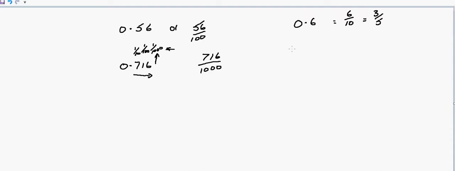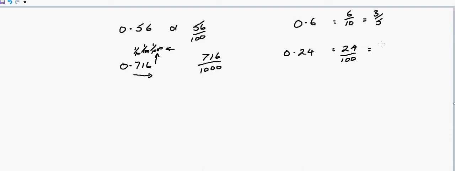Okay. So if I've got 0.24, then what I've got, remember, tenths and hundredths, so what I've got is 24 hundredths. We always look to see if we can cancel. Now, always keep it simple. They're both even numbers, so I can divide both by 2.